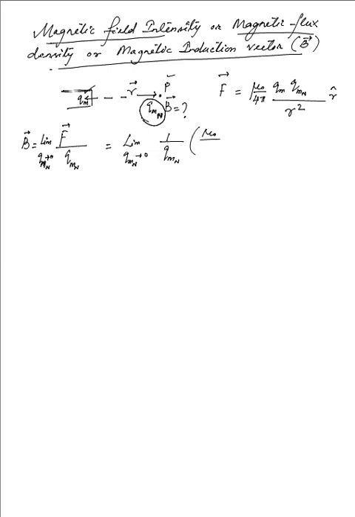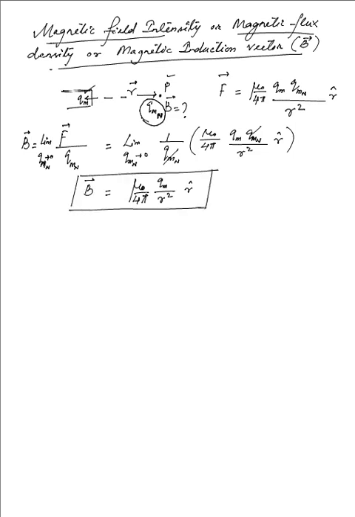We have mu naught divided by 4 pi qm, qmn for the north pole, divided by r squared, r cap. So qmn gets cancelled out. Now we set the limit, but there is no qmn over there, so no zeros involved. After using the limit, we can get rid of it. So mu naught divided by 4 pi, qm divided by r squared, r cap, is the magnetic field intensity of the magnetic charge qm, or the magnetic pole strength of magnitude qm, at a distance r from it, and obviously it is directed along the direction of r.